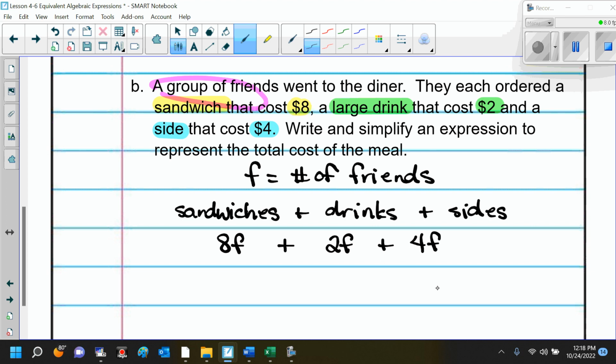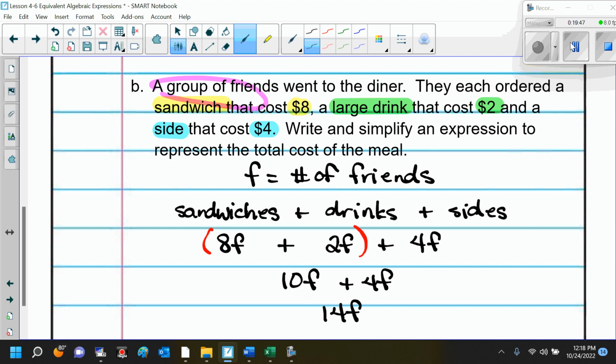So now we can use our associative property to group in any order we want. So 8F plus 2F is 10F plus 4F, and that's going to be equal to 14F. So this 14F is the expression that will tell us how much it's going to cost for the entire meal.